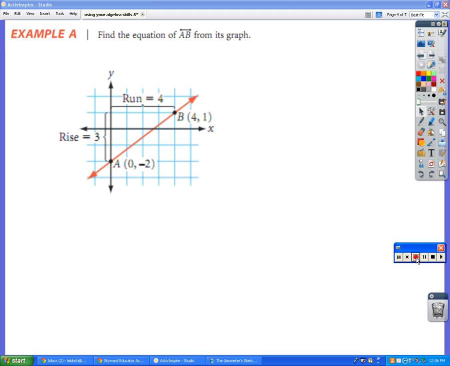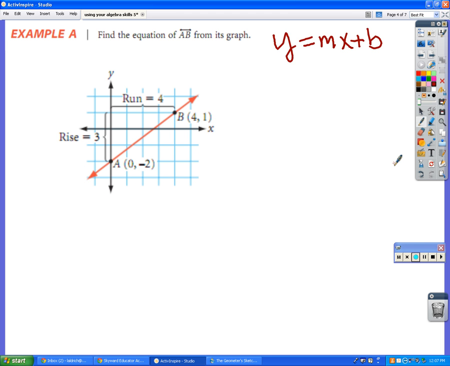Okay, so we have kind of worked our way through this chapter, reviewing your algebra skills as we go. And one of the things that we've done is finding the slope of 2 points. Okay, and so today we're going to use that to come up with an equation for a line. So what is the form of the equation of a line that you know and love? Y equals mx plus b. And so that is the equation that we're going to use today.